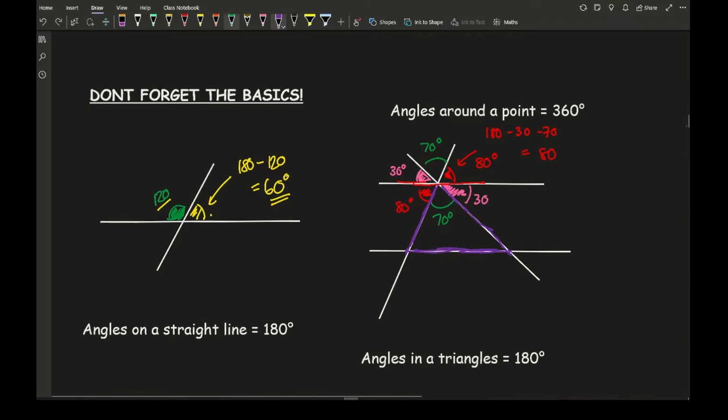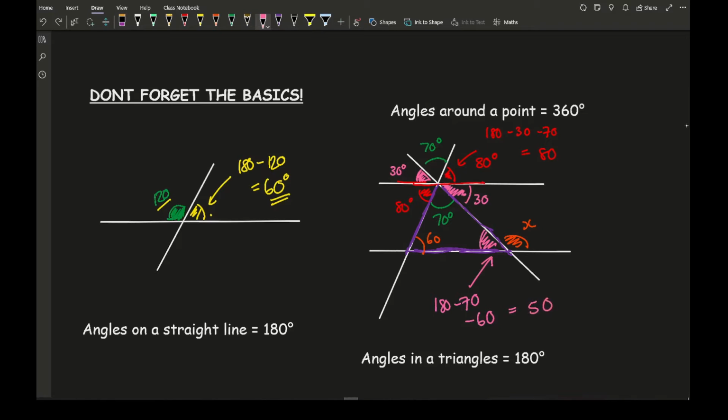So let's say I was given that this angle here was 60 degrees, and I want to work out what angle this is. Let's just call that angle X. Well, to work out what that angle is, I need to first of all work out what this angle here is. And how do I work out this angle? Because I know it's inside a triangle, I'm going to do 180 minus 70 minus 60, which gives me an answer of 50 degrees.